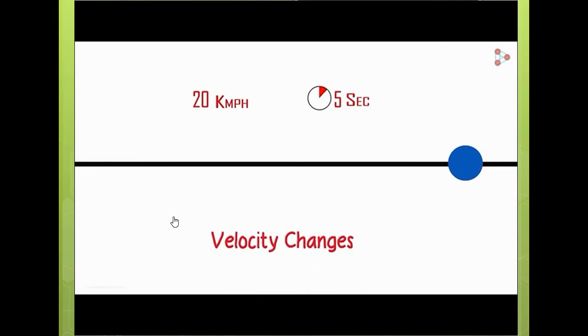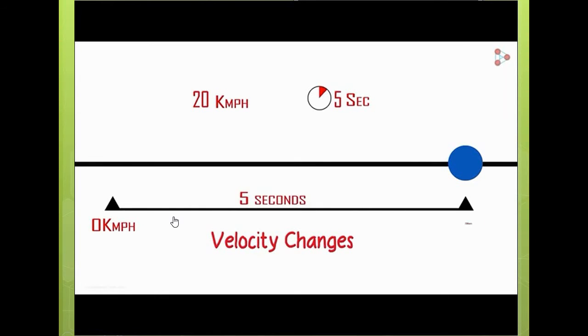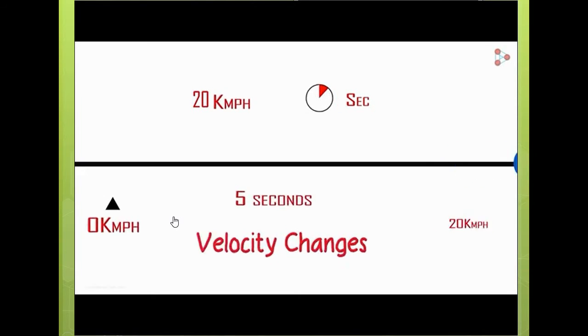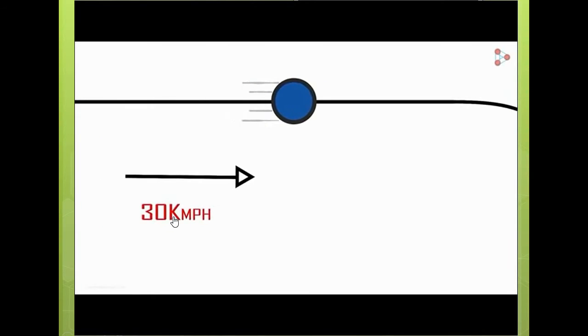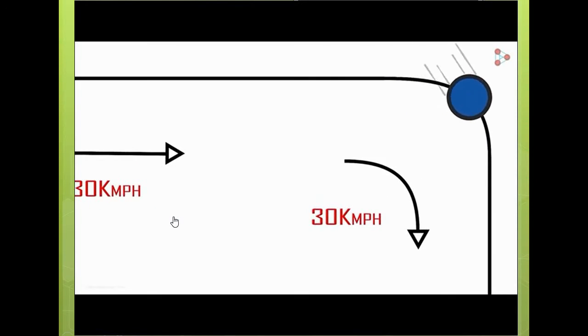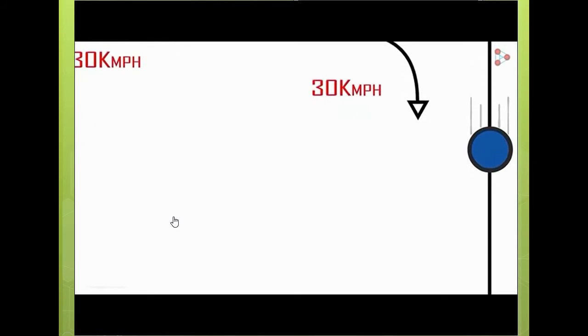Do you remember what velocity is? It's speed with direction, and it's hence a vector quantity. Why is this important? Let's say a body moves from rest and reaches a velocity of 20 kilometers an hour in 5 seconds. Will acceleration be involved here? Yes, because the velocity is changing. It was 0 initially, and at the end of 5 seconds, it's 20 kilometers per hour. In another scenario, assume that a body is moving at 30 kilometers an hour, and then it moves right at 30 kilometers an hour, and continues traveling at the same speed of 30 kilometers per hour.